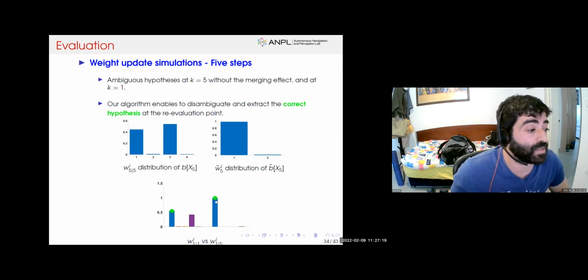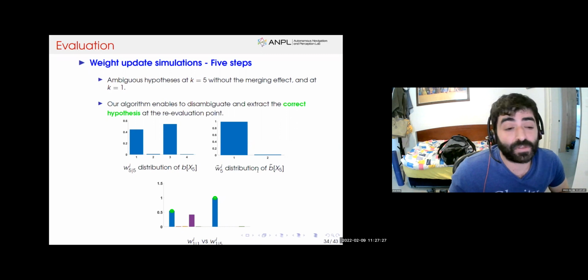By the way, the blue hypothesis is the correct hypothesis with the correct association. We should note that in this example, using merging in current time, we can commence full disambiguation at current time as well. But the added value of this simulation would be on the reevaluation of the strategic point, as noted here.